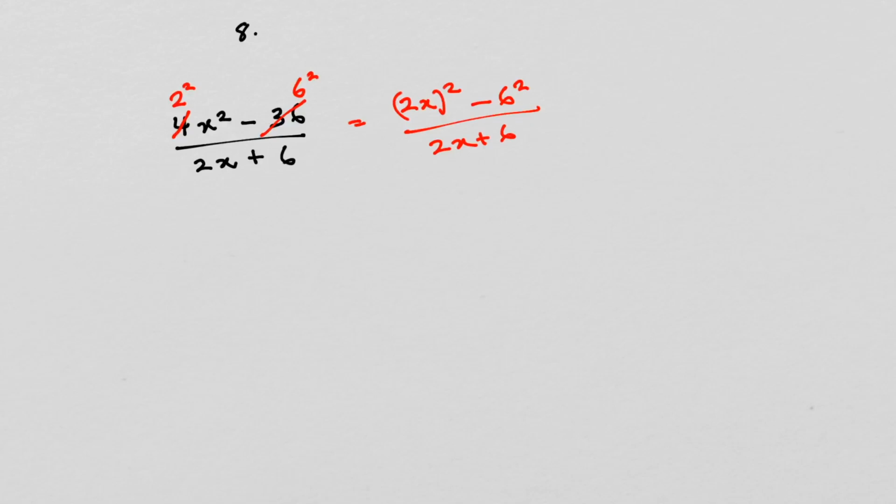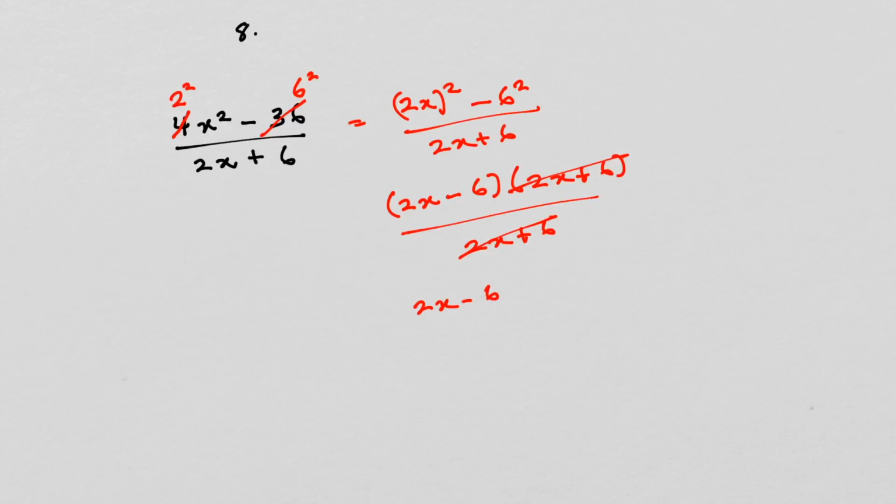Here again, we will expand the numerator using the idea of the difference of two squares: 2x minus 6 times 2x plus 6 over 2x plus 6. Next, we see that we can cancel out the 2x plus 6. We will be left with 2x minus 6 as our final answer.